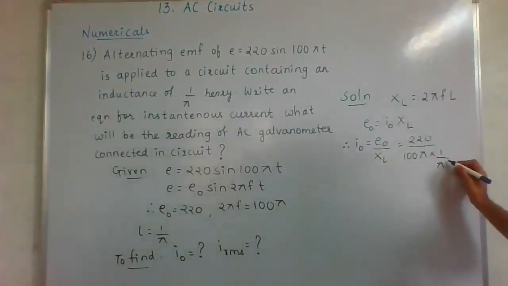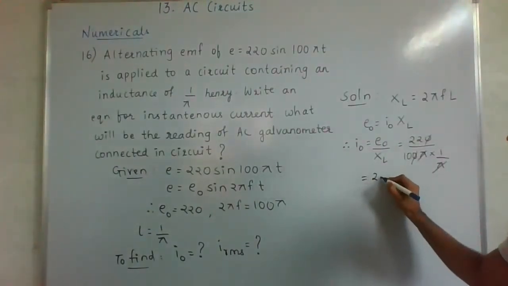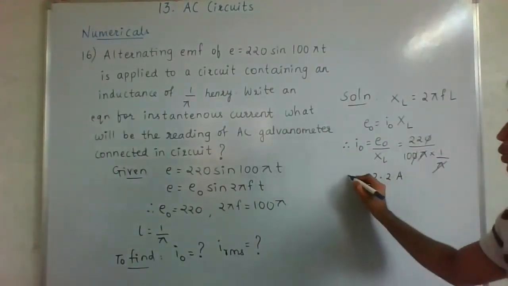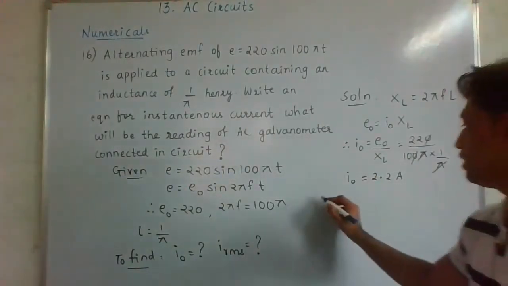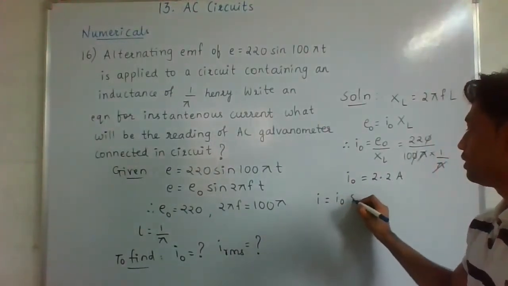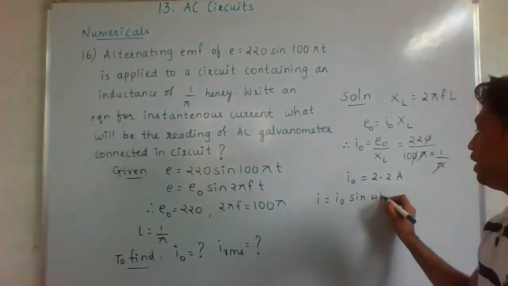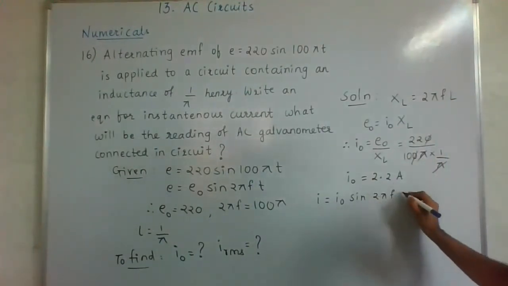Okay? So pi got cancelled. 22 divided by 10. This will give you answer as 2.2 ampere. अब आप इक्वेशन लिख सकते हो, which is I is equal to I naught sin omega t. Omega will be written as 2 pi f t.